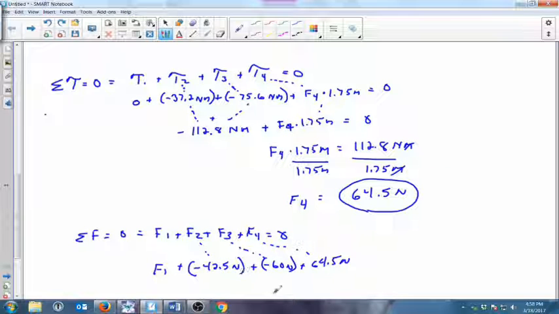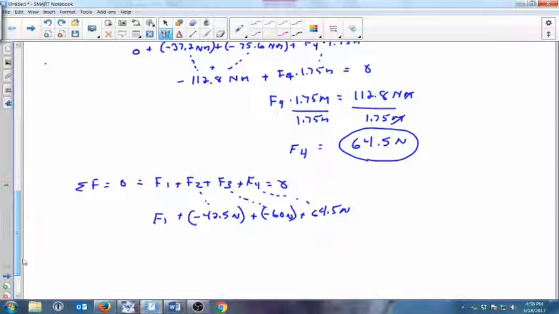I got 2 going down toward the center of the Earth. That's because gravity's pulling them down, and 1 pulling it up. So I'm going to combine all these. This is going to give me a big negative number, adding to this. So adding them all, I've got minus 42.5 minus 60, and my calculator is giving me something with 10 digits, so I got to start again.